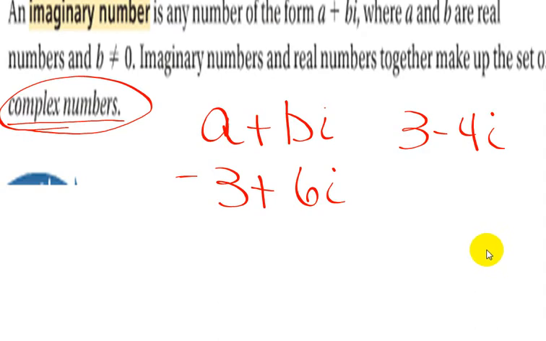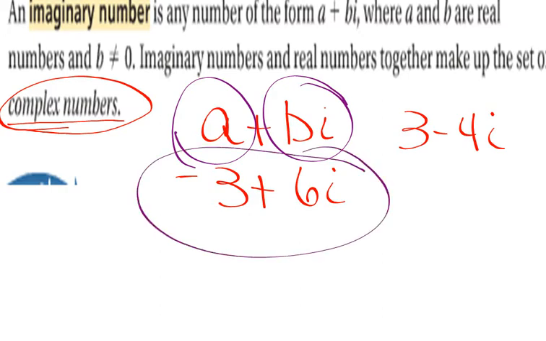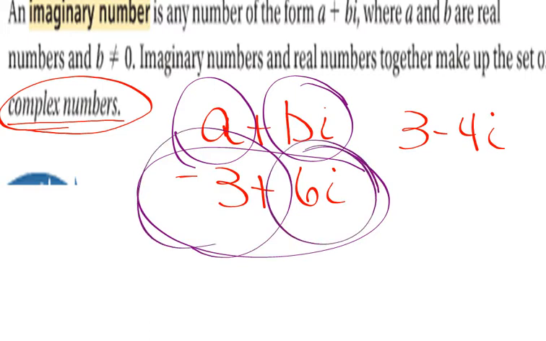An imaginary part is the i part. The real part of a complex number is the a part. This is a complex number because it has both real and imaginary numbers, and the real part is -3 and my imaginary part is 6i.